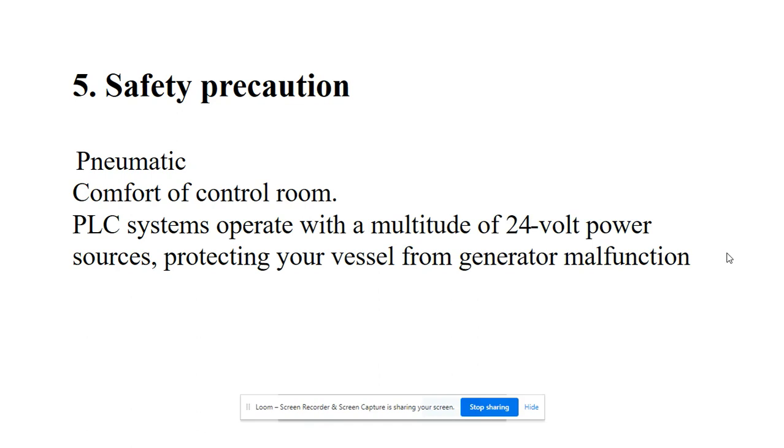Most PLCs use pneumatic signals. A pneumatic signal is different from electrical, which is usually dangerous. It requires a lot of precaution. But pneumatics are safer. They are intrinsically safe. PLC you can operate at the comfort of the control room, unlike the relay system and manual control.